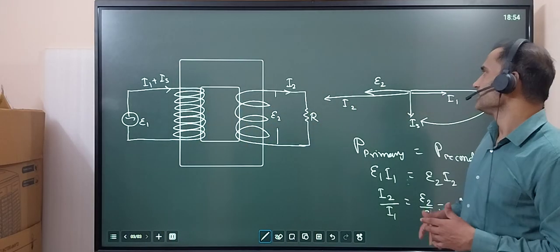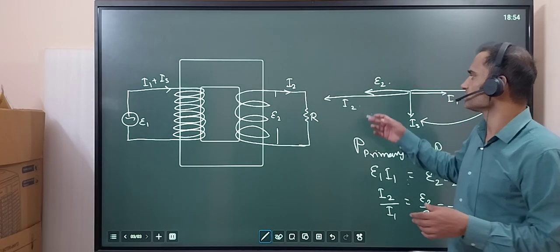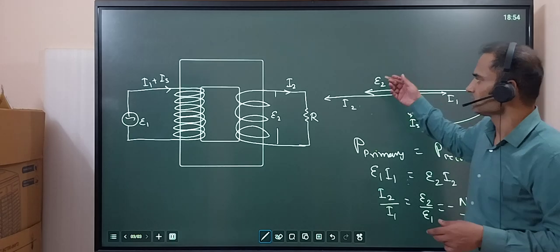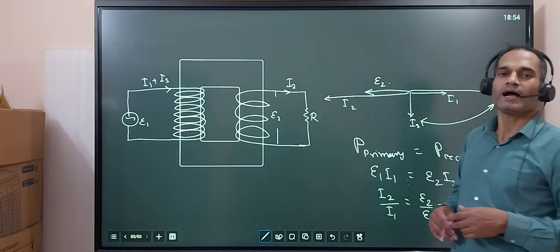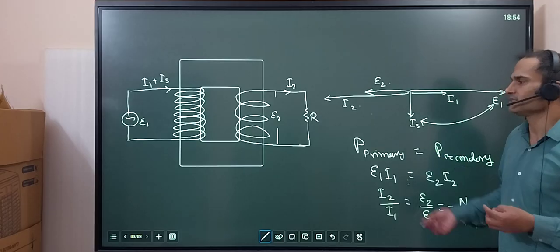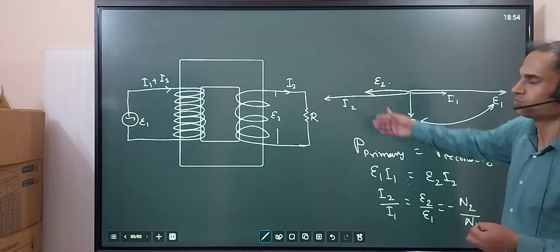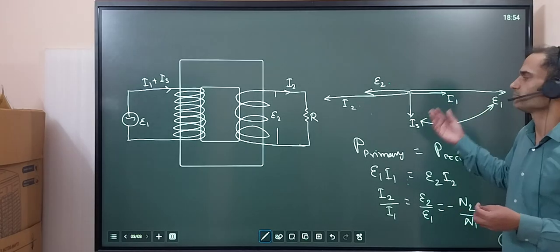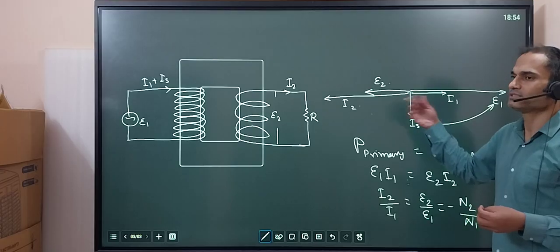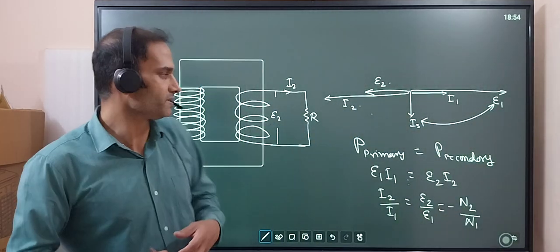E2 and I2 are in phase because I2 is due to this resistance. To oppose this I2, I1 is coming into the picture. Because they are opposing, the phase angle is different. So in this way, this thing is complete.